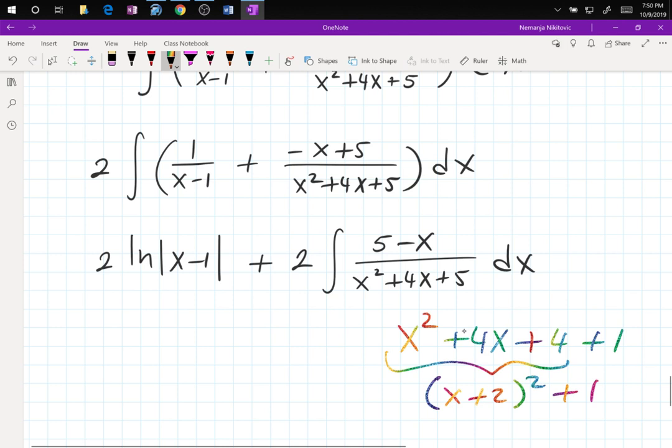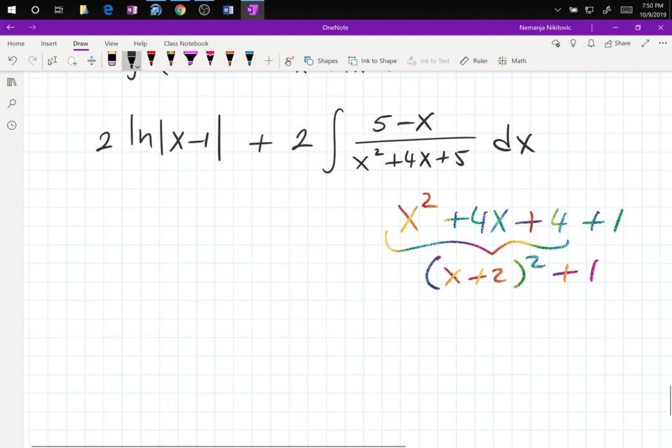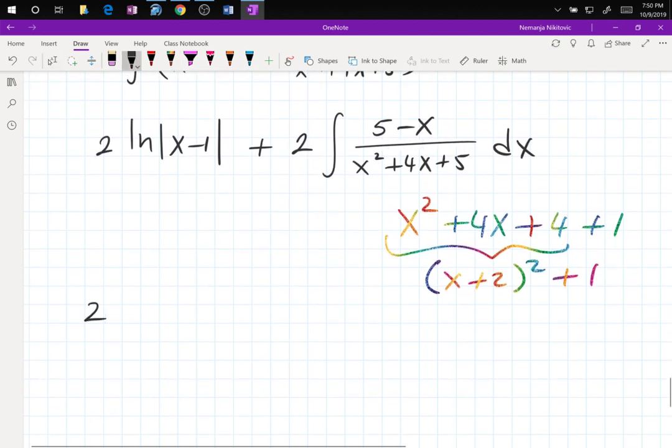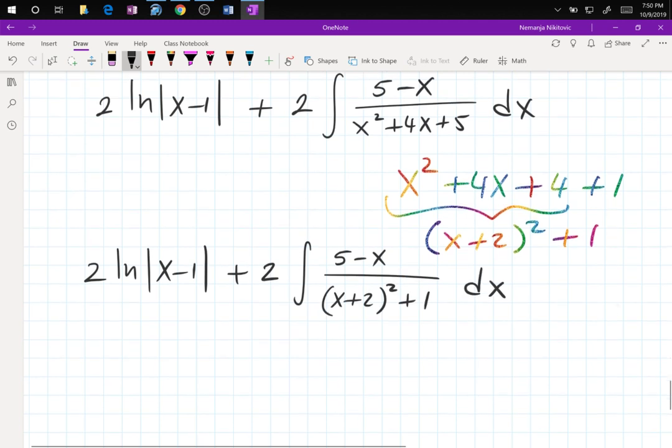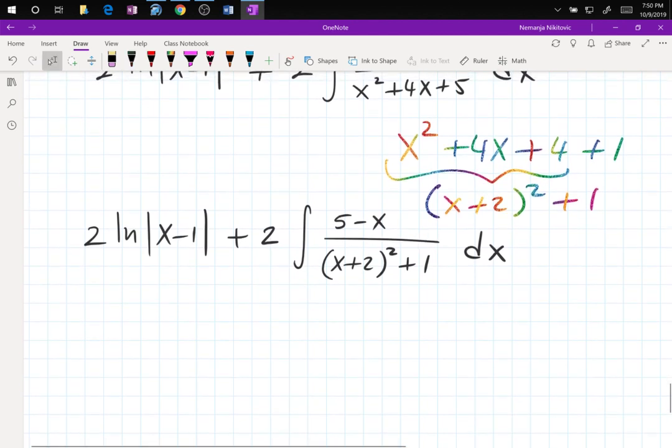Perfect. End of rainbow. Now we have 2 ln x minus 1, that's the first part, plus 2 times the integral of 5 minus x divided by x plus 2 squared plus 1 dx. We have our triangle.